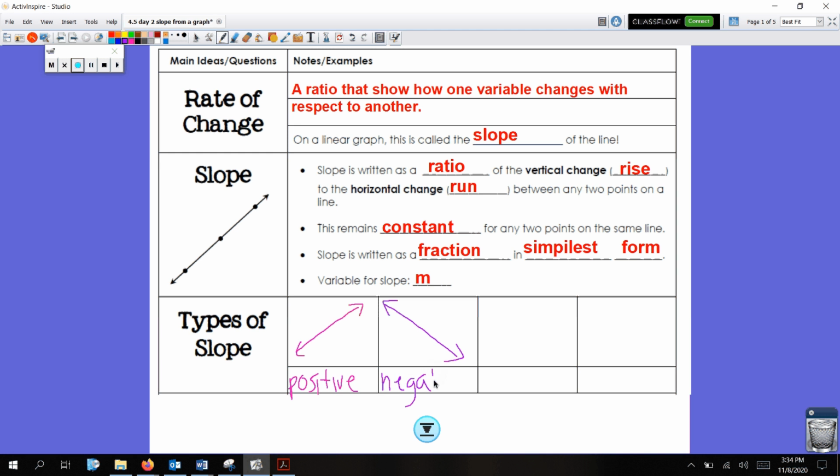I'm going to type these words in because this is tough to write on here. And then we have our zero slope, that's a horizontal line. Don't forget that. Zero slope. And then we have the vertical line, which is undefined slope.